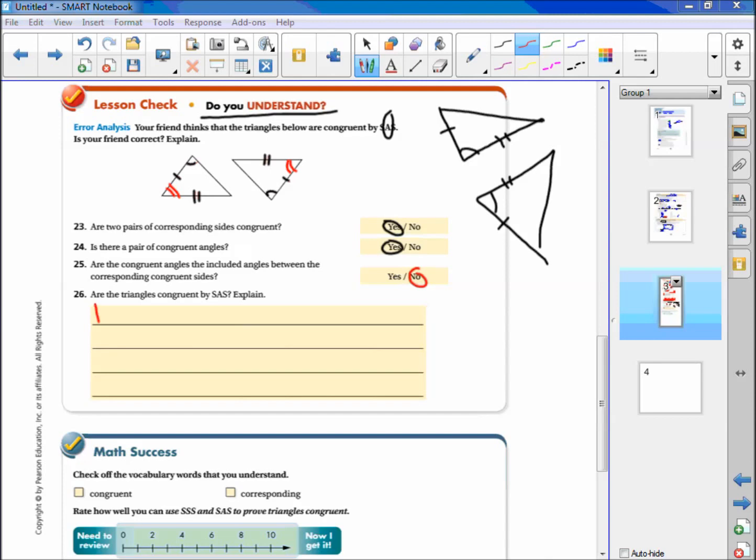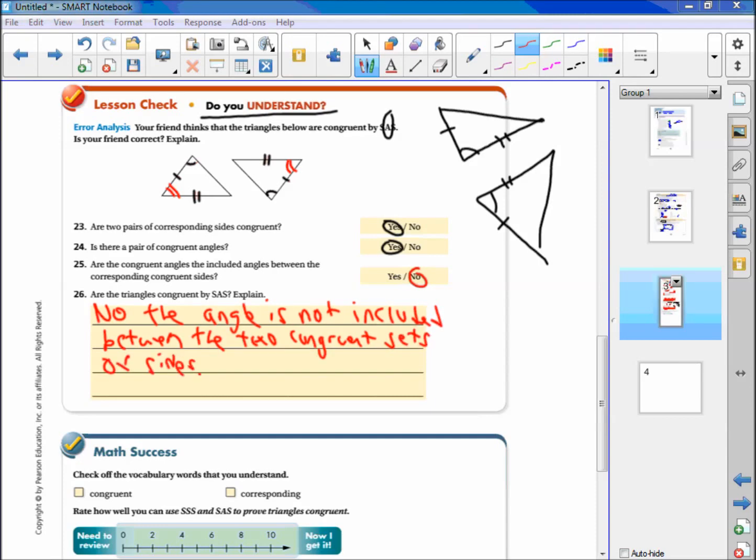And this is no. The angle is not included between the two congruent sets of sides. Okay, so it's not the included angle.